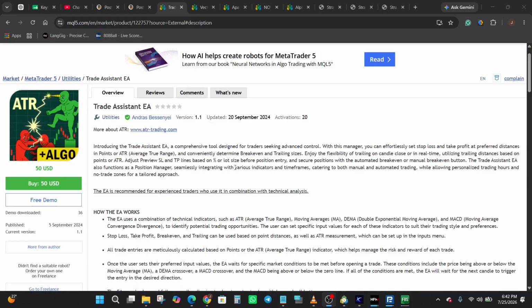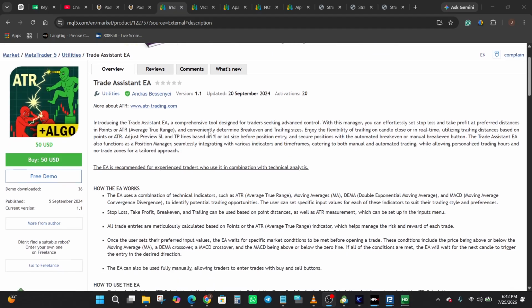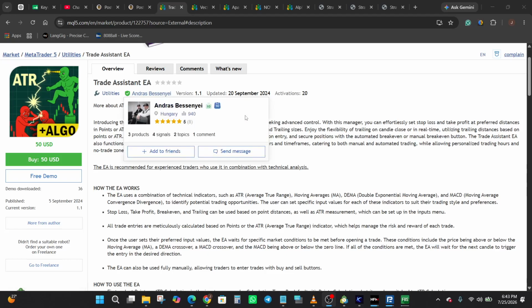According to the description, this is designed as a comprehensive trade management tool. You can set stop loss and take profit at chosen distances using either points or ATR, define break-even and trailing sizes, choose trailing on candle close or in real time, and also preview SL and TP lines based on percentage or lot size before you even enter a position.